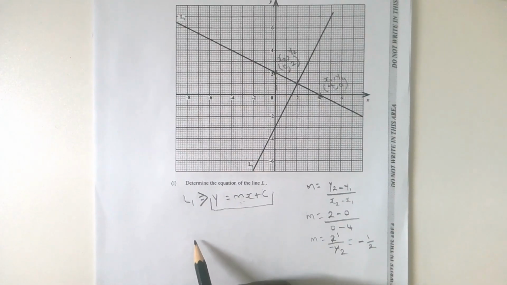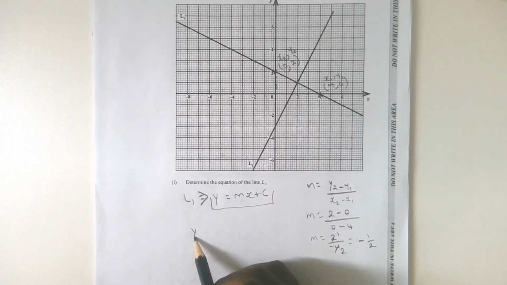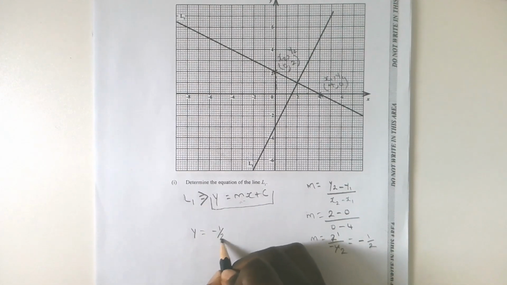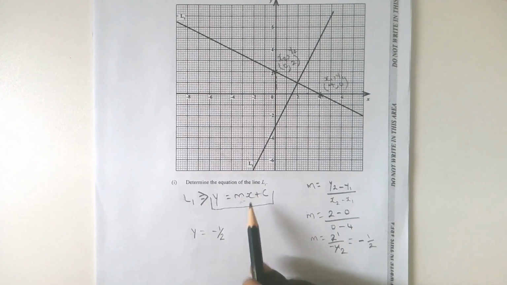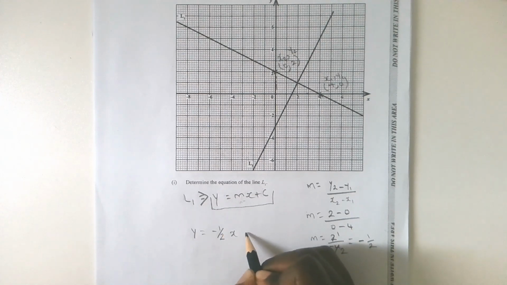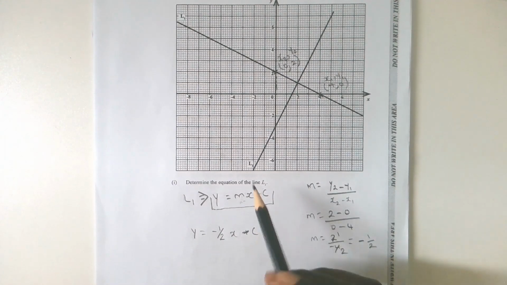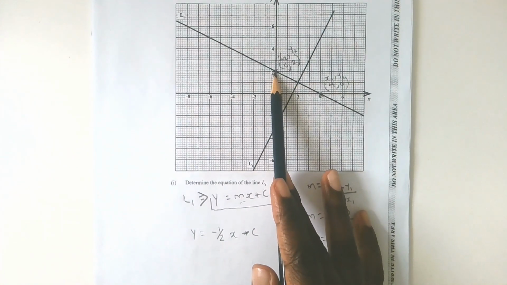Rewriting our equation of the line, we're going to have y is equal to m, which is -half, x plus c. That is the equation of line L1, or we could even input the value of c for L1, which is 2.